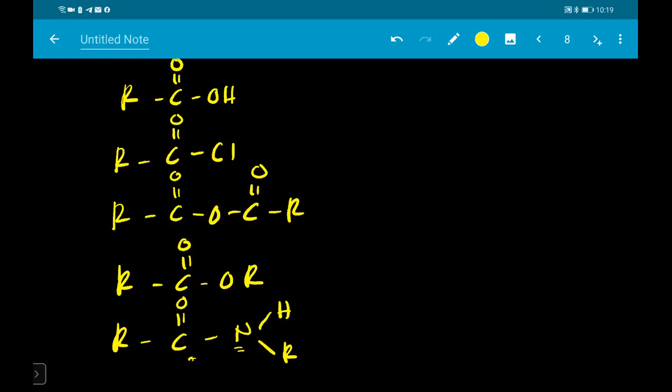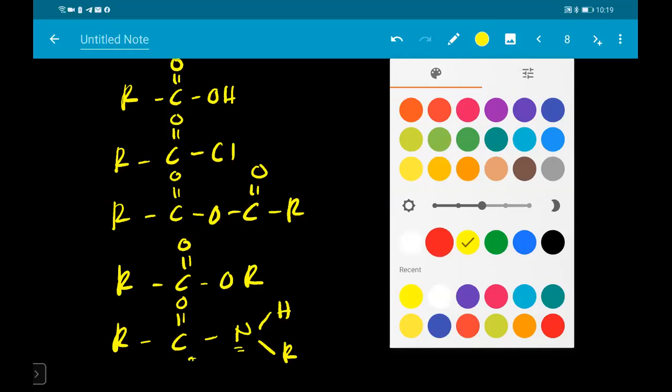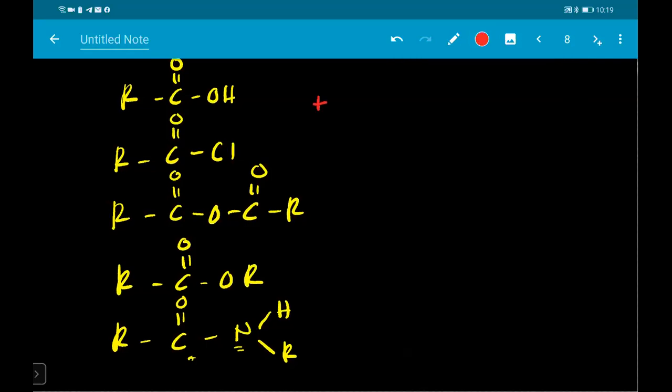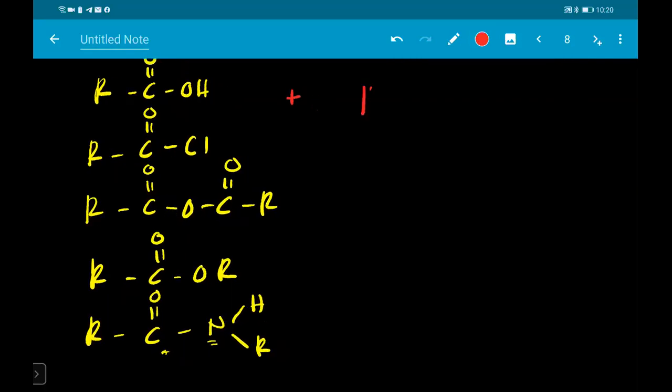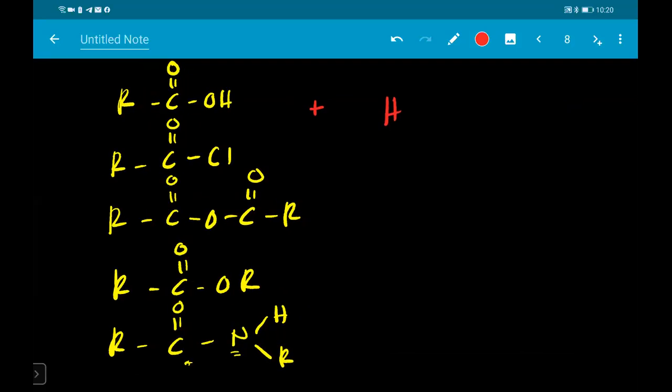I'm talking about nucleophilic substitution. And then, what's going to happen is, we're going to react them with compound which have H. Contoh dia macam apa? Macam H2O kan? H2O boleh tulis sebagai HOH.